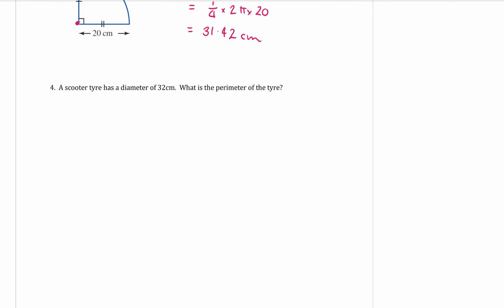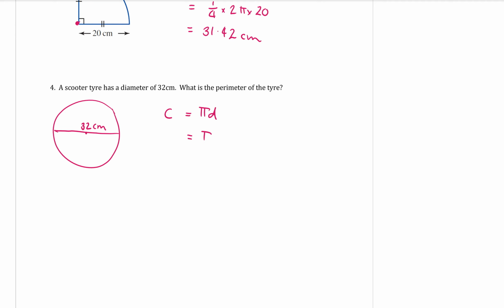A scooter tire has a diameter of 32. What is the perimeter of the tire? So it's just a perimeter or circumference question. It just hasn't given us the diagram. Now a tire is obviously a circle or a wheel. The diameter is 32. So that means we want to use the diameter formula, C equals pi d, and sub in that d is 32.